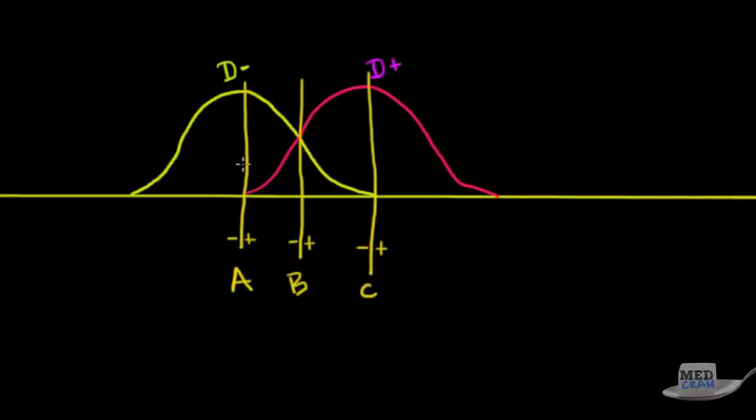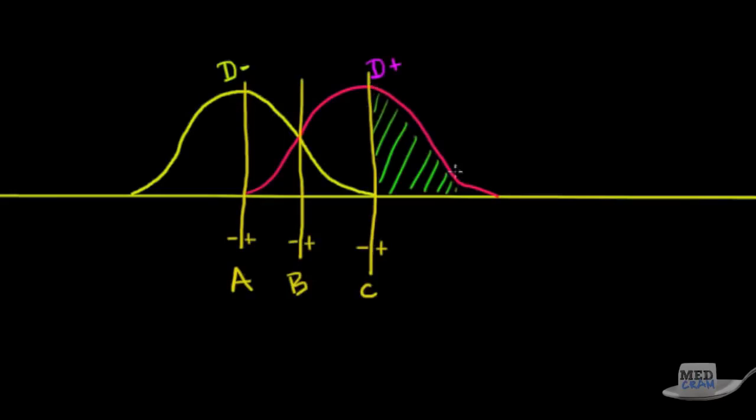Anything on the right side of a point is going to be a positive test. Anything on the left side of this point is going to be a negative test. Depending on which population they belong to will tell you whether it's a true or false negative or positive. Let's take, for example, this point here at C. If we set the alarm at C in terms of specificity and sensitivity, then all of this area right here would be positive.